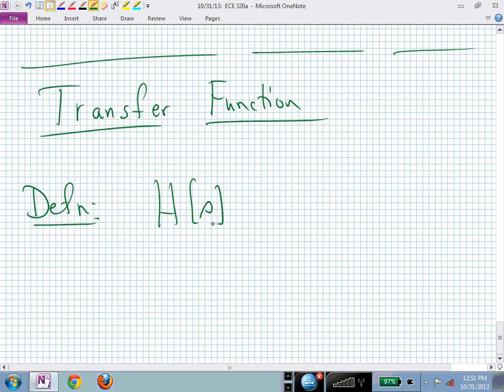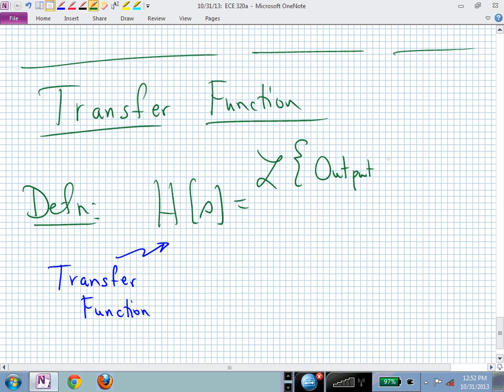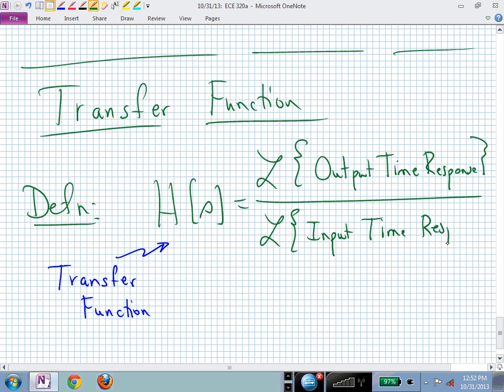H of S, which we will call our transfer function, is just a ratio of Laplace waveforms or signals. We take the Laplace transform of our output time response and divide into that the Laplace transform of our input time response.